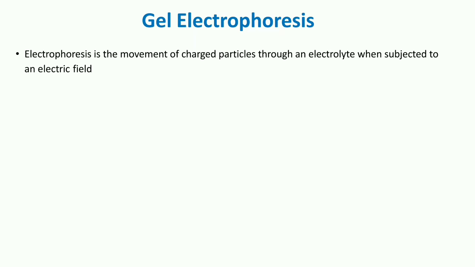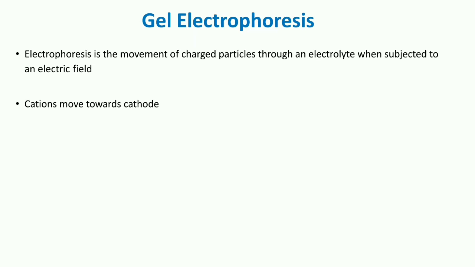Thus, it is the movement of molecules in the electric field. Proteins are known to have characteristic charge and they can move in an electric field as well. So when a mixture of proteins is placed in a separating matrix, the molecules migrate in the electric field depending upon their charge to mass ratio and thus get separated.